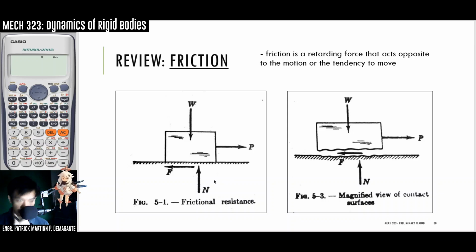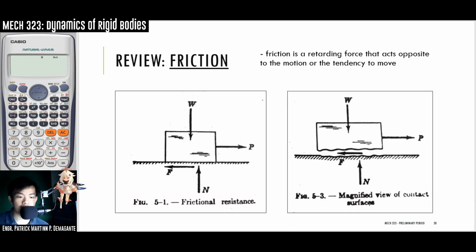Here, the symbols used, I don't know which you are used to, whether P or F. Usually, big F is just the force, then small f denotes the friction. But here, the book just used F for frictional resistance. Then, the next figure is the magnified view of the contact surface. Not all surfaces are smooth.